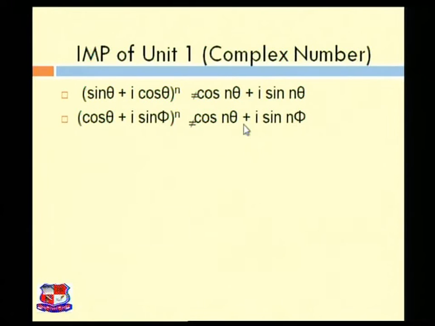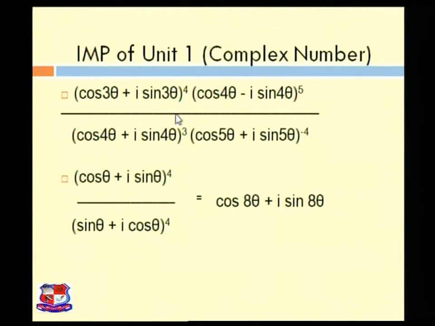That means if you want to apply it, then the value of theta must be same for sin and cos, and the first term must be cos. So this is not a valid case, and the second one is wrong because the angle is different, and here it starts with sin. We must convert sin theta into the i form.